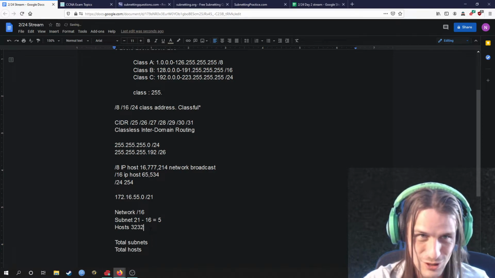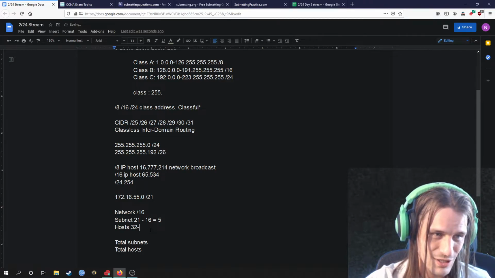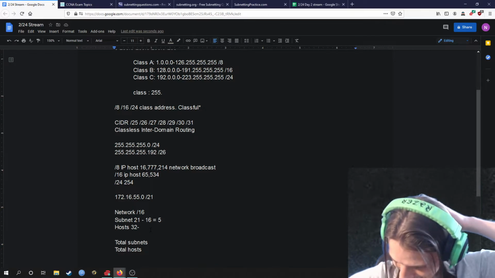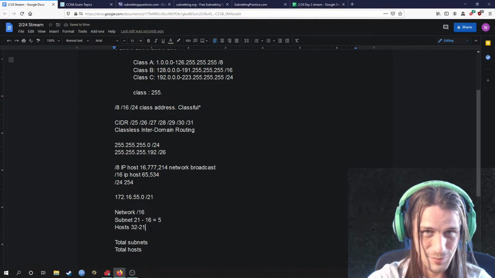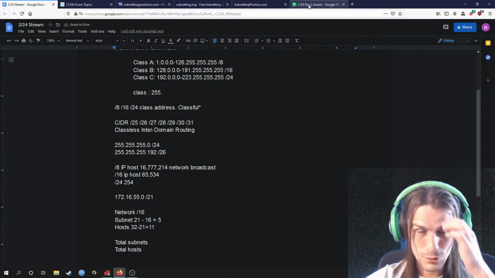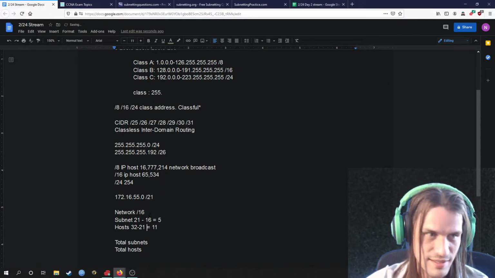So you have a total of 32, but we've used 21 of them for the new subnet mask, so that leaves 11 open as hosts. Whew. All right. Maths, right?